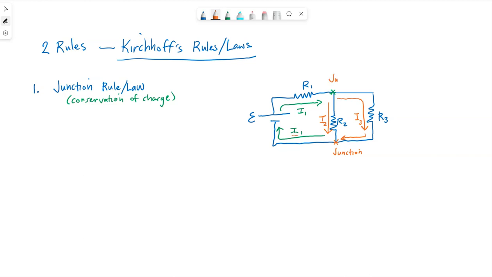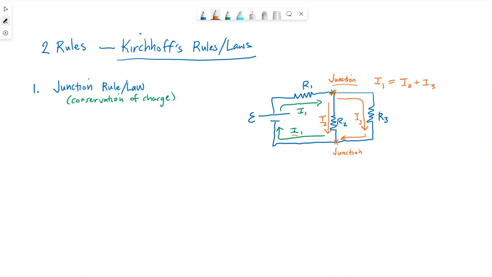So this junction rule allows us to write an equation relating these currents. At the top junction, we would say that current 1, that's the arrow pointing towards this junction right here, that current splits up and continues as I2 plus I3.